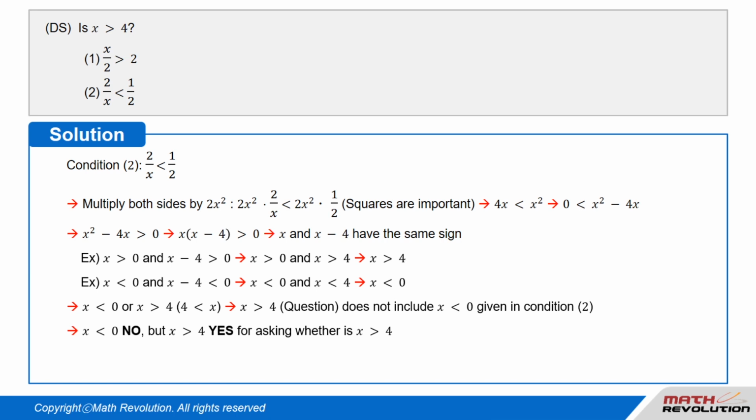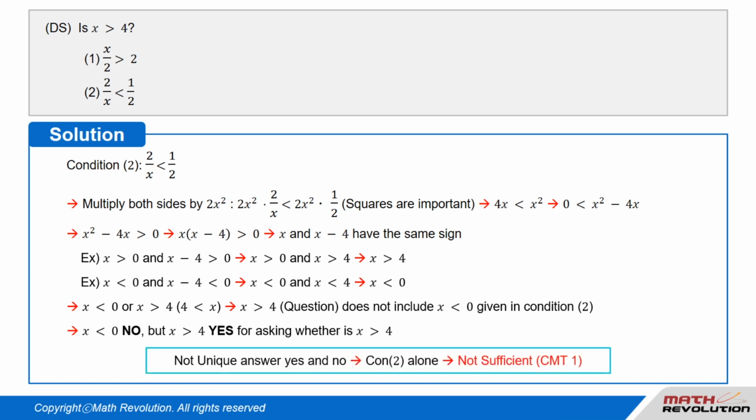But if x is greater than 4, then we get yes. So, we have a no and a yes as answers to the question, is x greater than 4? Thus, the condition is not sufficient by CMT1, which states that if you get both yes and no as the answer, it is not sufficient.